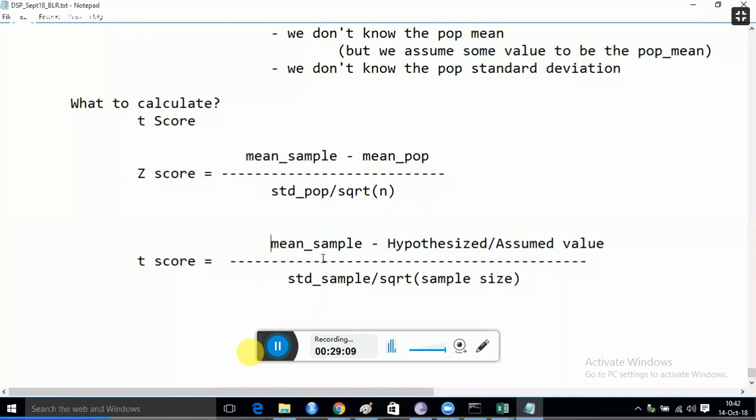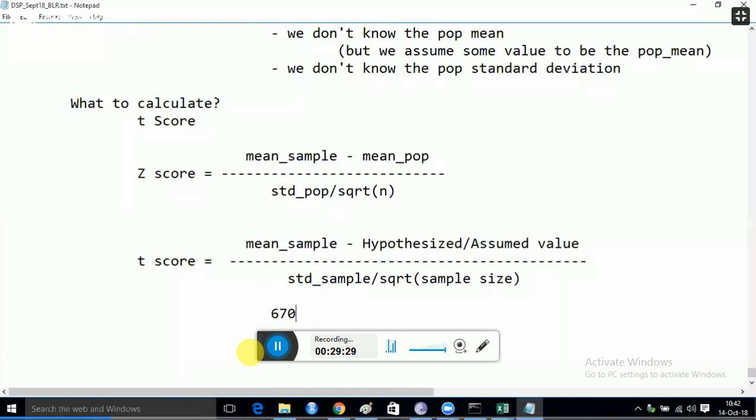Is that clear? In our example of workers, to repeat, the workers claim that 670, the sample mean they found, is the actual representative of the population. Hence they are concluding that they are being paid less.